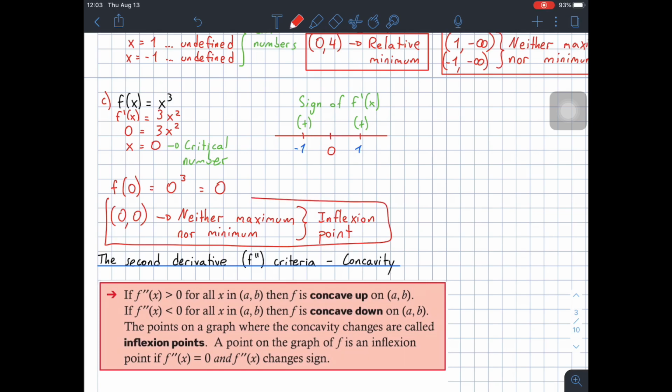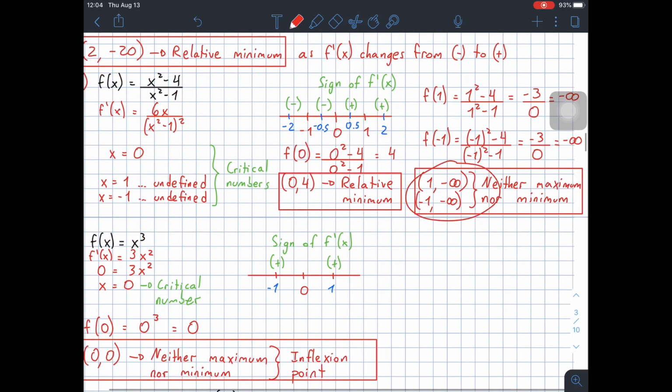In exercise B, we cannot conclude that these 2 points are inflection points. Why? Because as I told you, negative infinity or positive infinity are not numbers. So these are actually not points, okay? I just put this like this for you to understand what's happening, but these are not points.